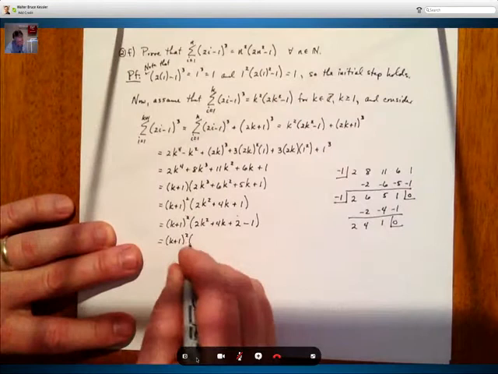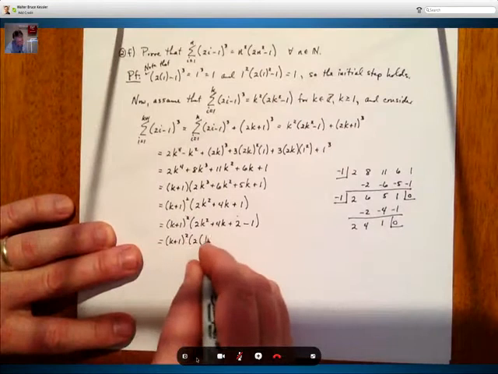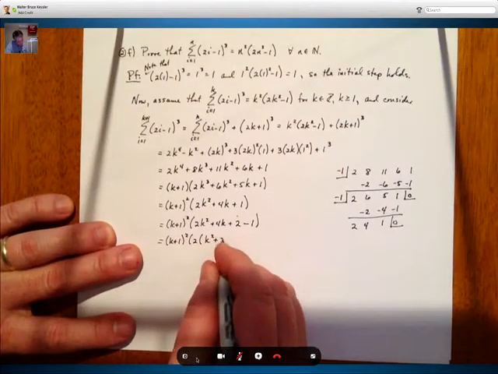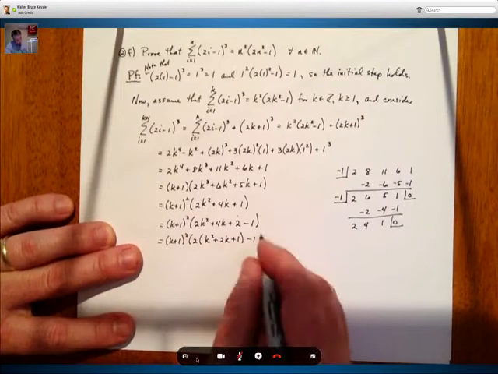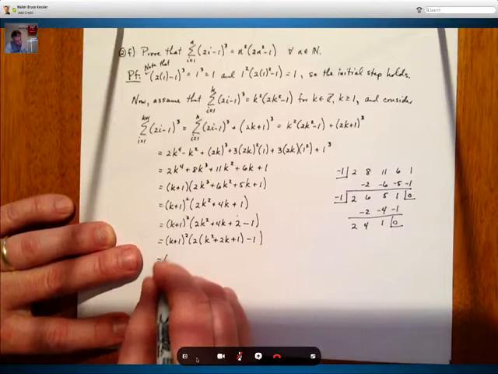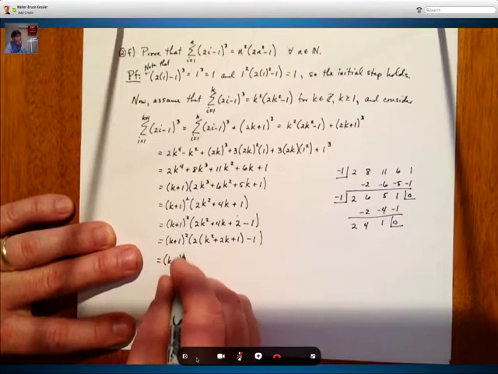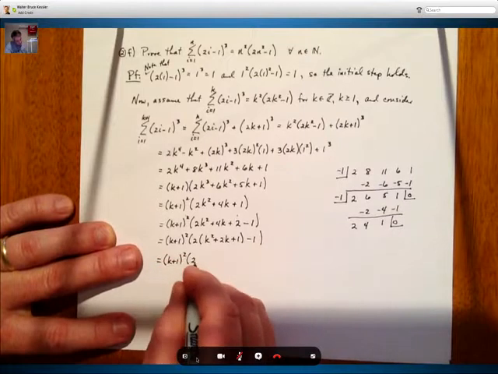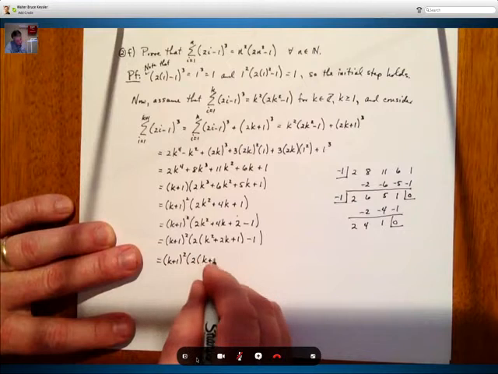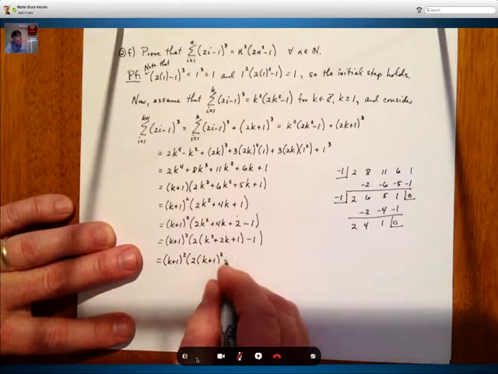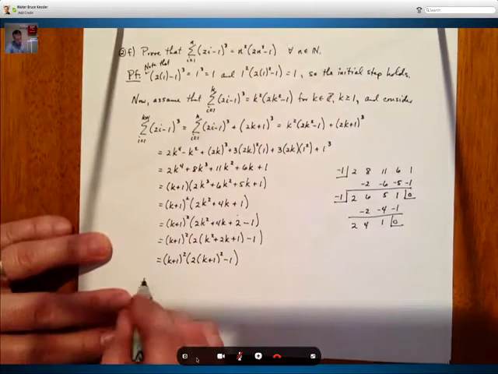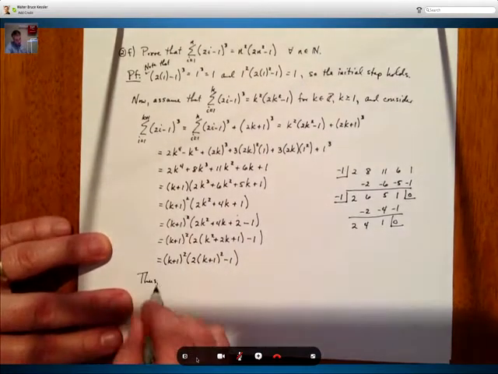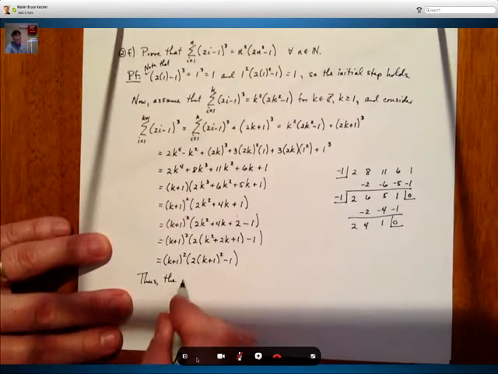Here's my factor of 2. k squared plus 2k plus 1. And that is a perfect square, so we're in business. k plus 1 squared. This is 2 times k plus 1 squared, and then minus the 1, which is what we were trying to get.